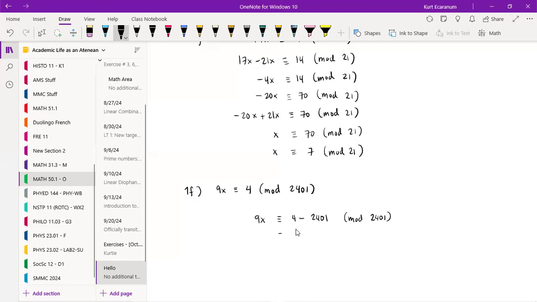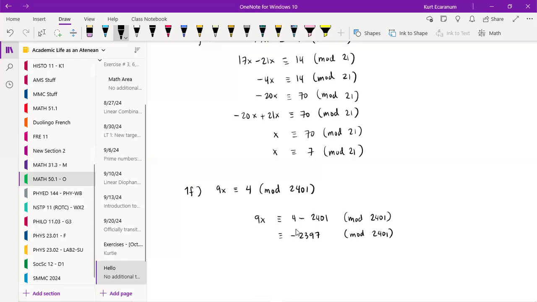So it becomes negative 2397 mod 2401. Okay. So yan, mas madali na. And you know that this negative number is divisible by 3. It's because 2 plus 3 plus 9 plus 7 equals 21. Yeah, 21 is divisible by 3.